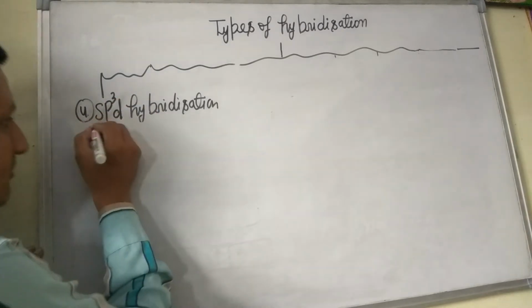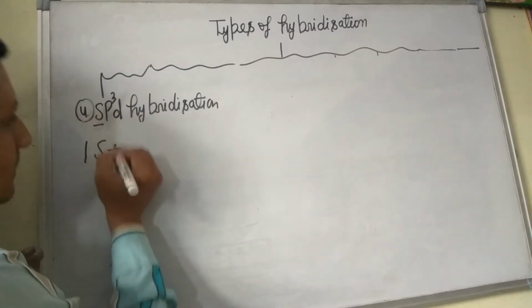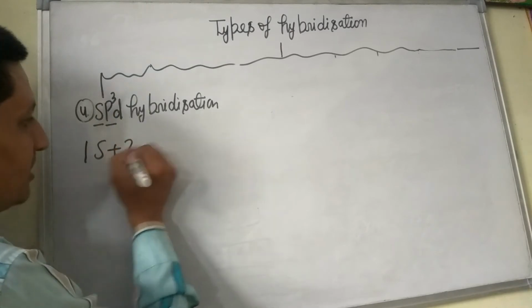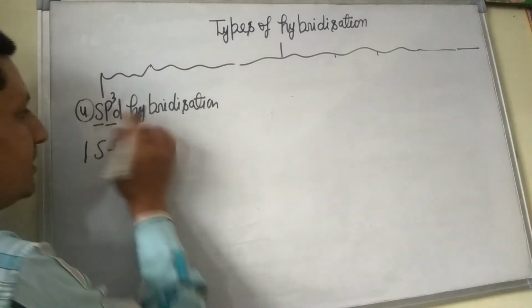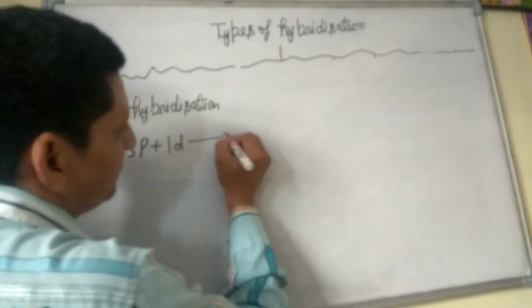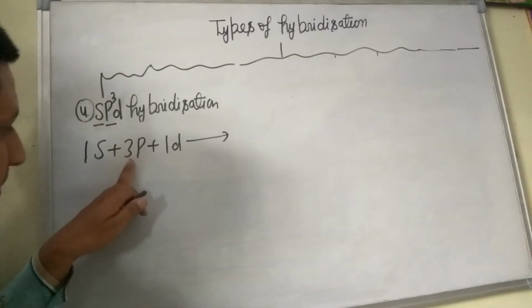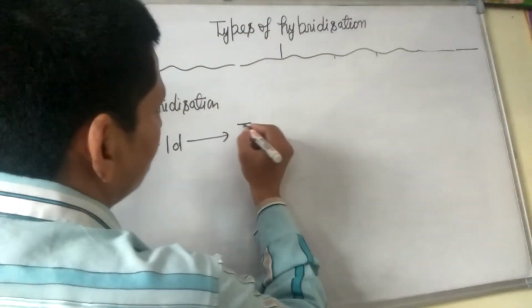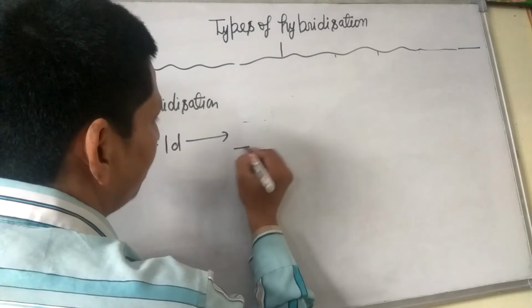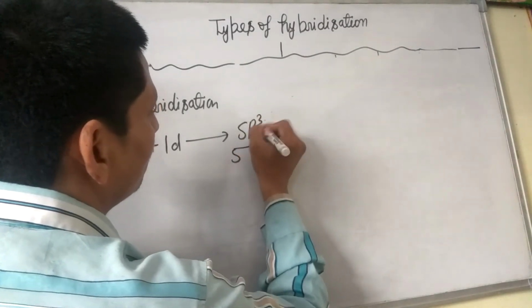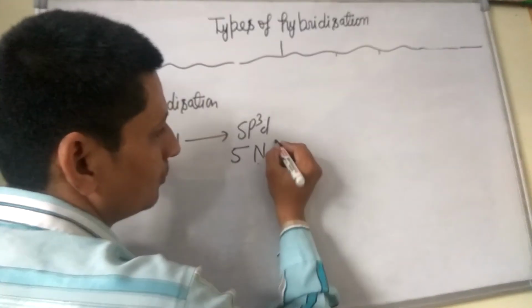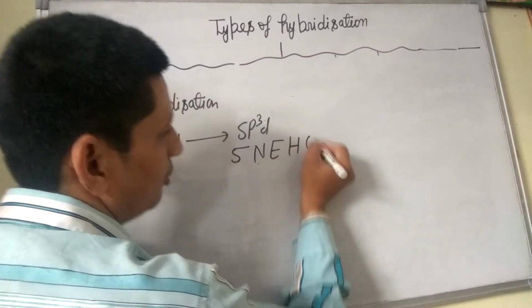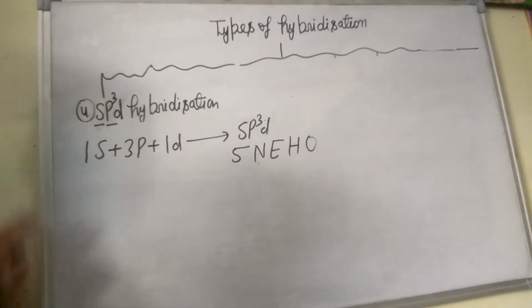When 1 s orbital, 3 p orbitals and 1 d orbital mix together to form 5 new equivalent hybrid orbitals. This is called sp3d hybridization.